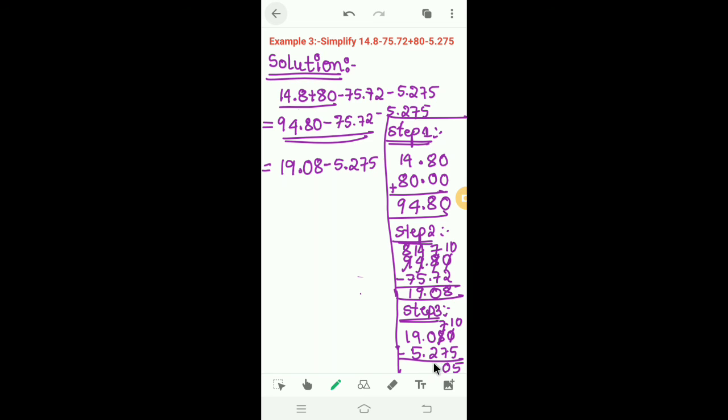Next, 0 minus 2, is it possible to subtract? No. We have to borrow from the next number. Here the next number is 9. If you borrow from 9, then 9 becomes 8 and here 0 becomes 10. 10 minus 2 is 8. 8 minus 5 is 3. And write 1 as it is. So the answer is 13.805.